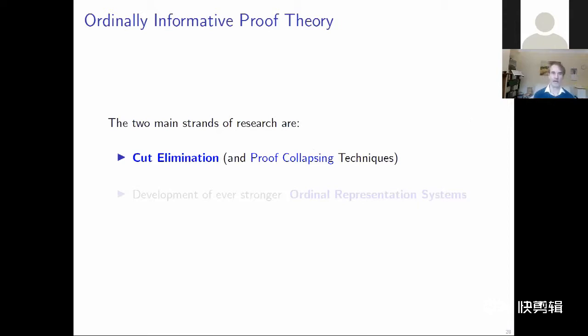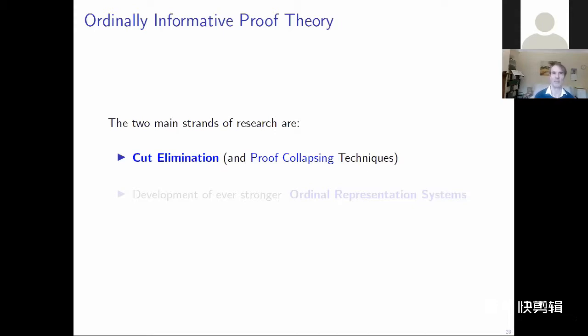Now, we have this ordinally informative proof theory, which just means proof theory that uses ordinals to measure and calibrate theories and other things. And in this area of proof theory, there are two main strands of research.